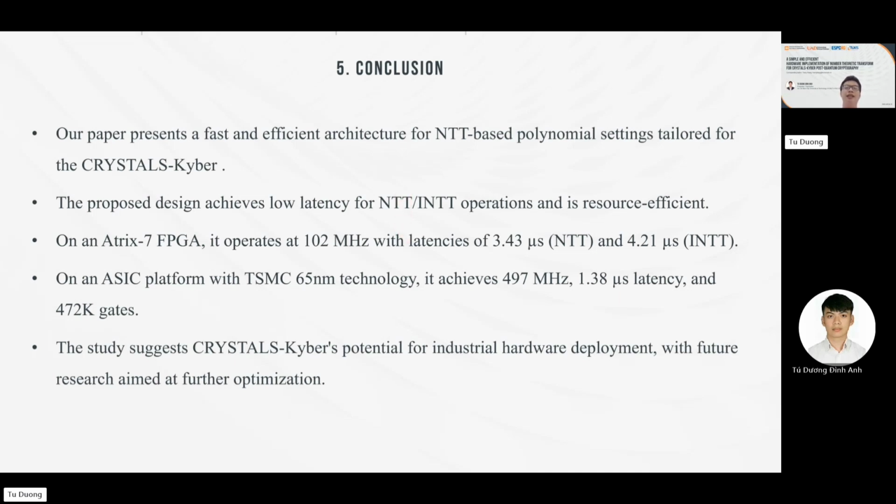And on the ASIC, it achieves very high performance, making it suitable for high-speed applications. Our study demonstrates the potential of efficient hardware implementation for post-quantum cryptography, especially CRYSTALS-Kyber.